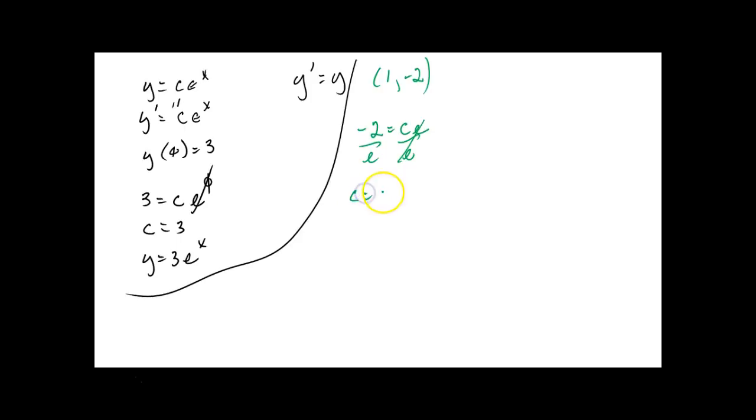So c is equal to negative 2 over e. That solution then, you have to plug it back in. Y is equal to negative 2 over e times e to the x. There is your solution for that one.